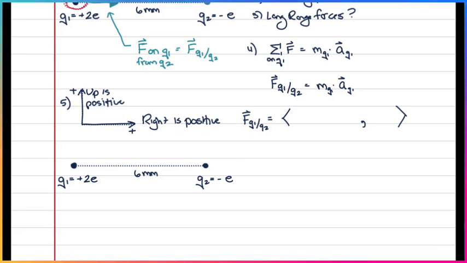So then I have to specify, if this were 2D, an x coordinate and a y coordinate of what this force is doing. Well, there's nothing really going on in the y direction, so it's 0, because this is really just a 1D problem. And then I know that this magnitude better be k, q1, q2 in absolute value, divided by this distance squared.